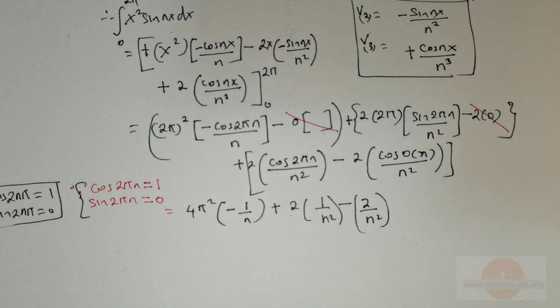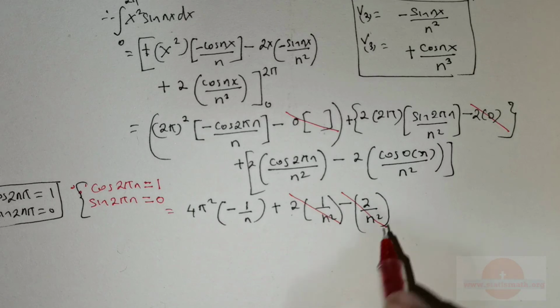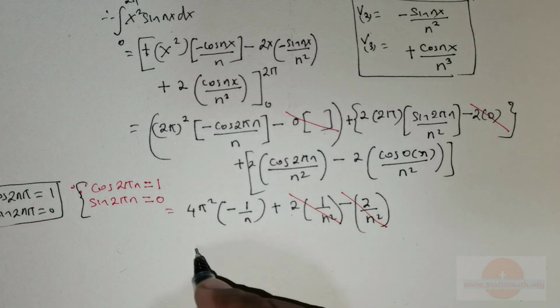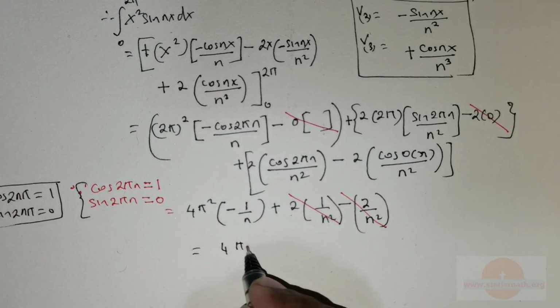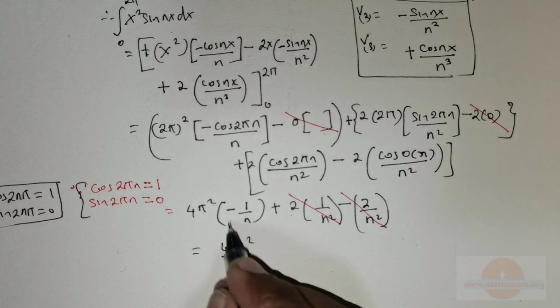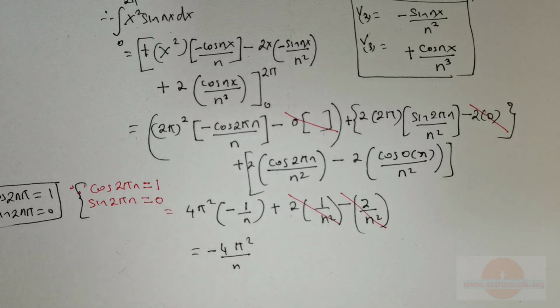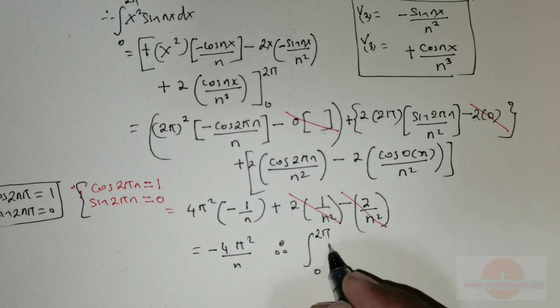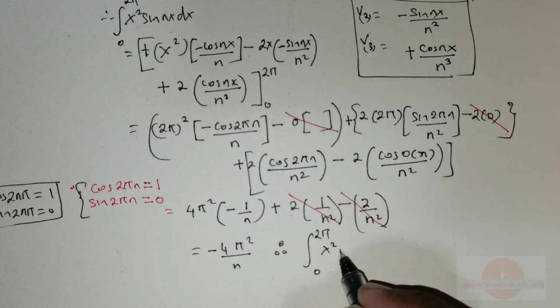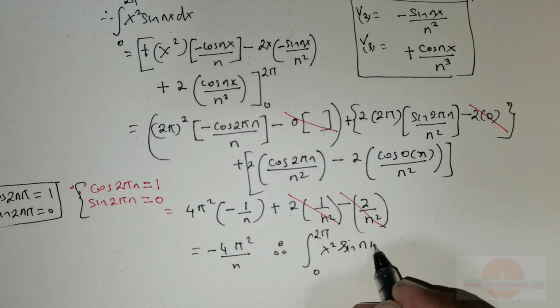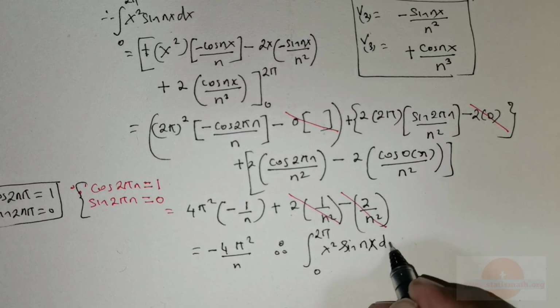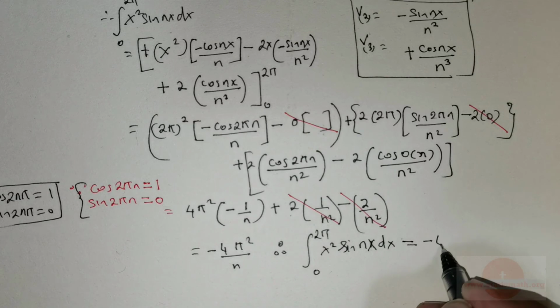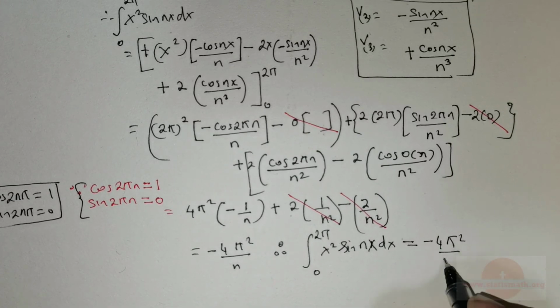Clearly this is going to be cancelled, so that would give us 4 times pi squared divided by n with a negative sign. So the final answer for this question is, when you integrate x squared times sine nx times dx from 0 to 2 pi, you get negative 4 times pi squared divided by n.